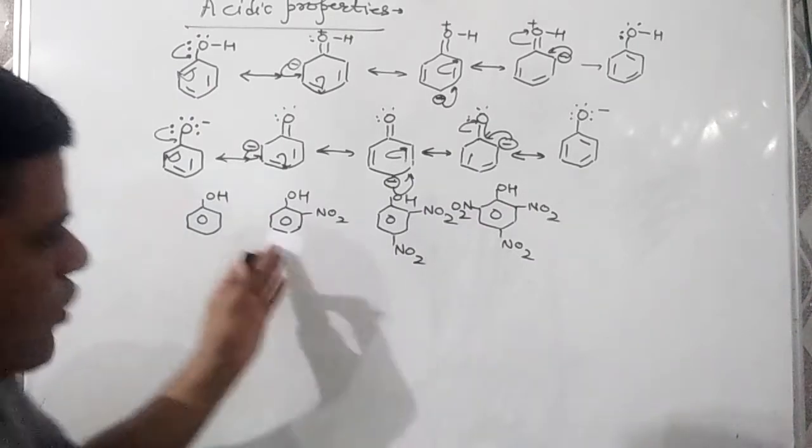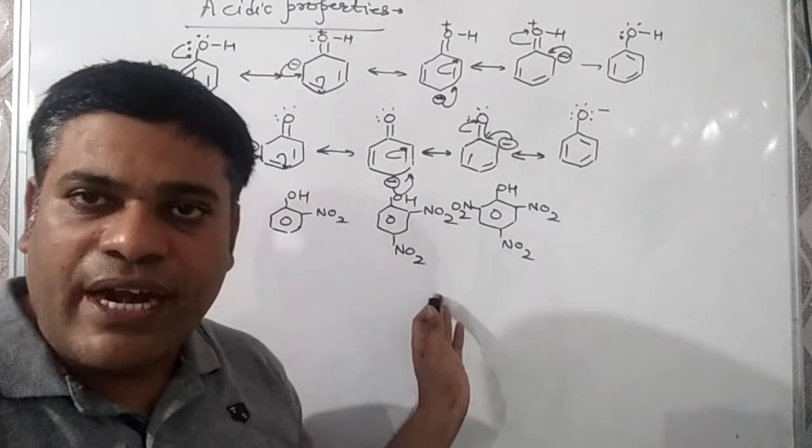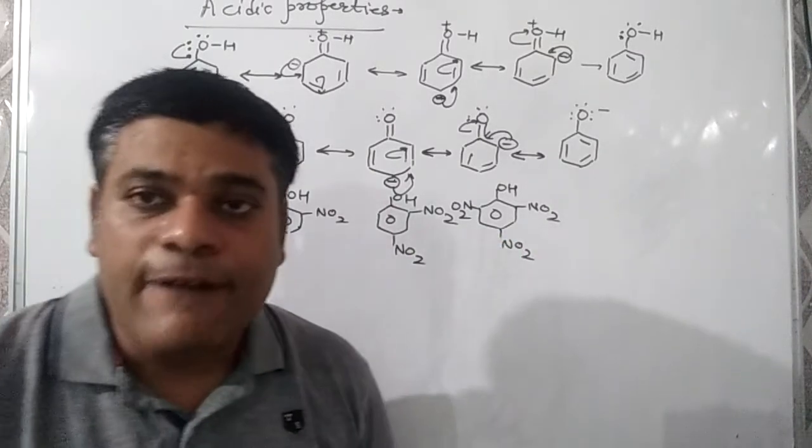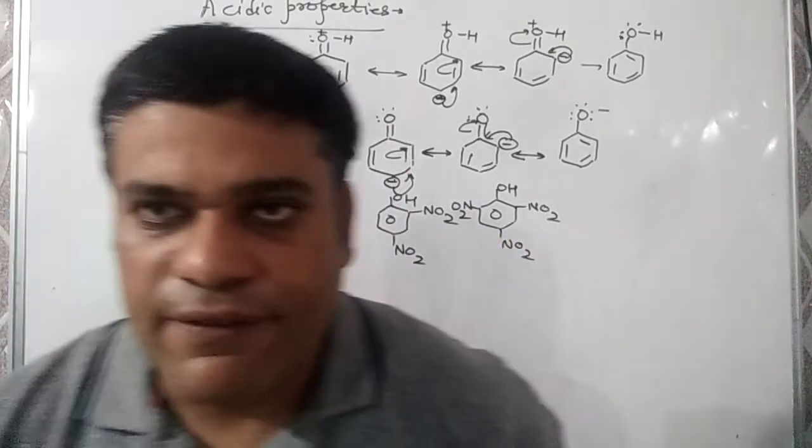Arrange phenol, 2-nitrophenol, 2,4-dinitrophenol, and 2,4,6-trinitrophenol in increasing order of acidic strength.